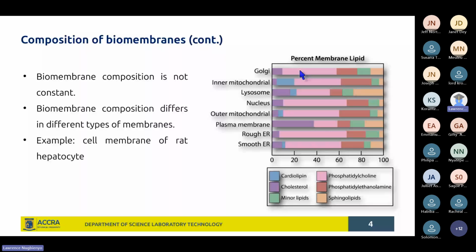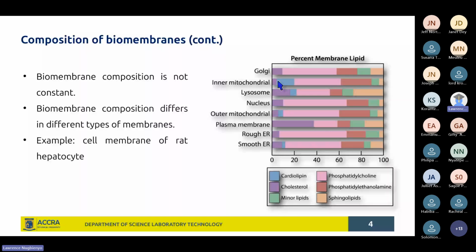The biomembranes of different organelles contain different compositions of lipids. And so we see, for instance, the Golgi apparatus of that liver cell has just about 10% of cholesterol. If you look at the keys there, that violet means cholesterol.